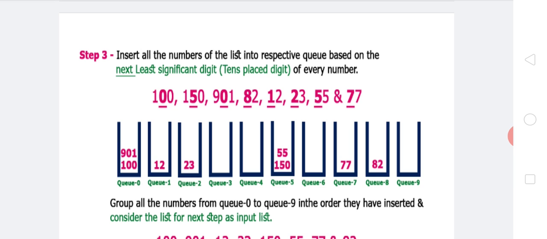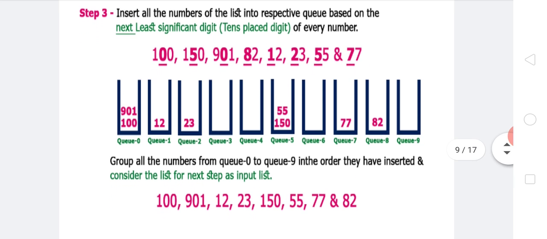Then we remove 23 from Q2 and place it after element 12. Likewise, we place all the elements: 150, then 55, then 77 and 82. This is the list of output of step number 3. Now this output is considered as the input of step number 4.